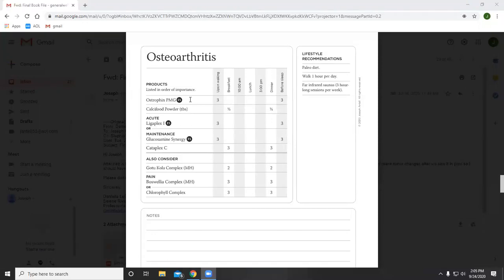So that's very important. And then, of course, the far infrared sauna. Always, if you want to increase microcirculation, you have to use far infrared saunas. Even one a week will do that.